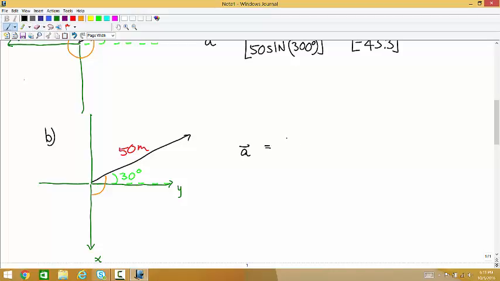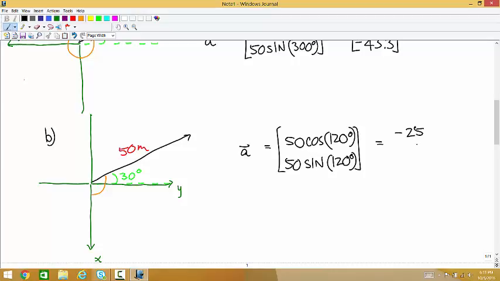So the A vector is 50 times the cosine of 120, 50 times the sine of 120, and that is negative 25, positive 43.3. Any questions about those yet?